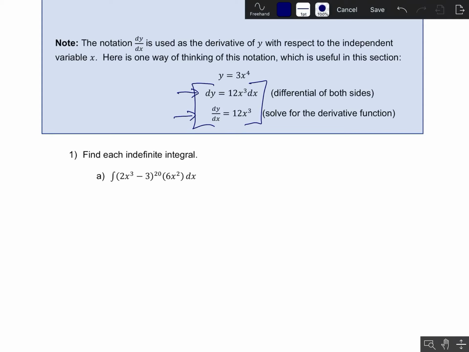Now, the top line doesn't have any sort of inherent meaning outside of an integral. We aren't going to be defining the differential in this course, so we don't normally write things in this top line way. However, the top line does become a little bit useful whenever you're using integrals, because in integrals you do see a dx by itself.